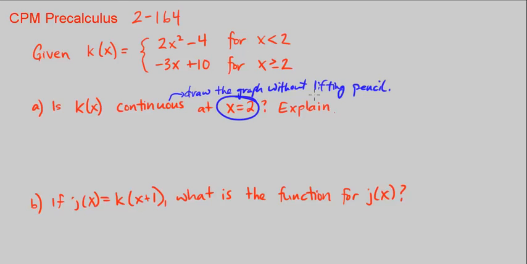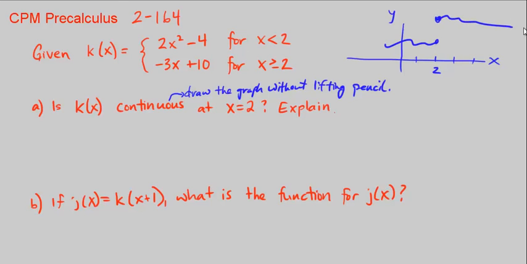At x equals 2, if here's our x-axis and y-axis, as long as whatever we do on the left gets to 2, we don't need to lift up our pencil and start drawing up here, for example. So if we get somewhere from the left to here, and then start here again and draw, we do not need to lift our pencil.